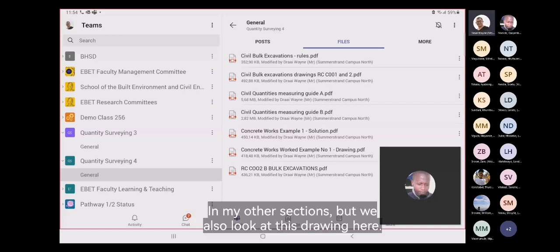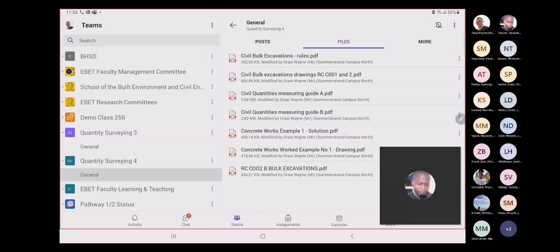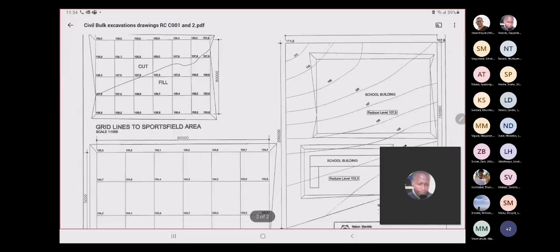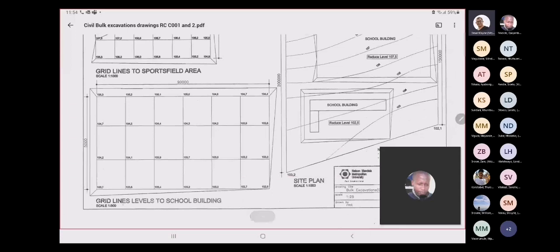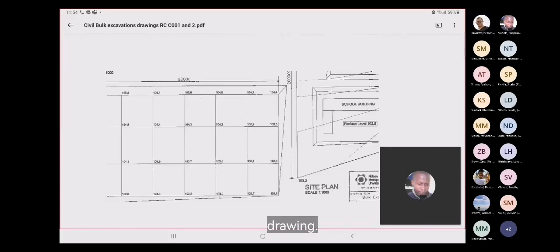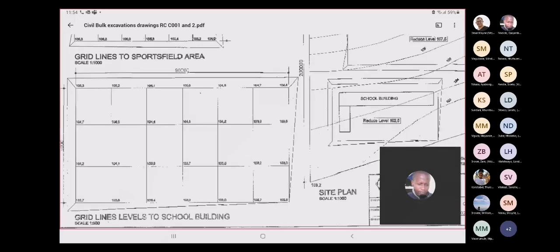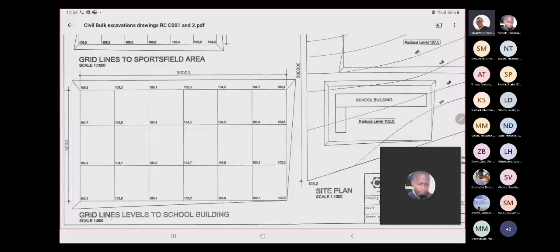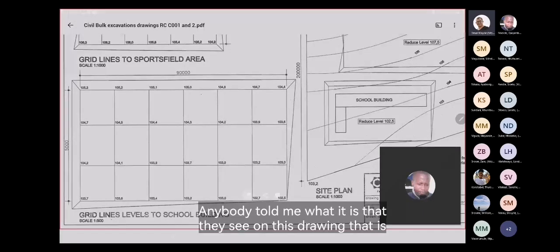But when I look at this drawing here, there is also something else that I notice on this drawing. What is it that we notice? Can anybody tell me what they see on this drawing that is different to the other?